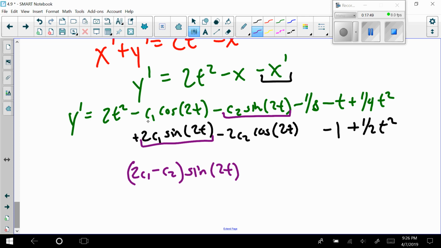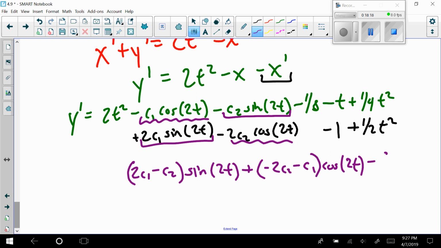Next, I see the cosines, and they're both negative, right? So I could write a minus sign here, but for completeness, maybe I'll just keep it kind of the same. I have a negative 1/8 and a negative 1, which would make a negative 9/8, right? I have a negative t, nothing else with it, right?